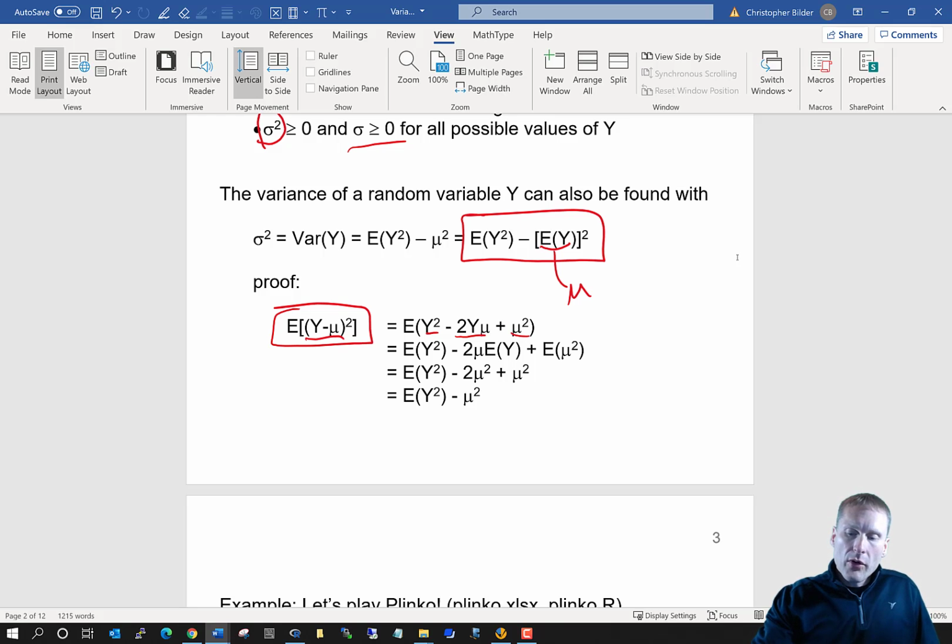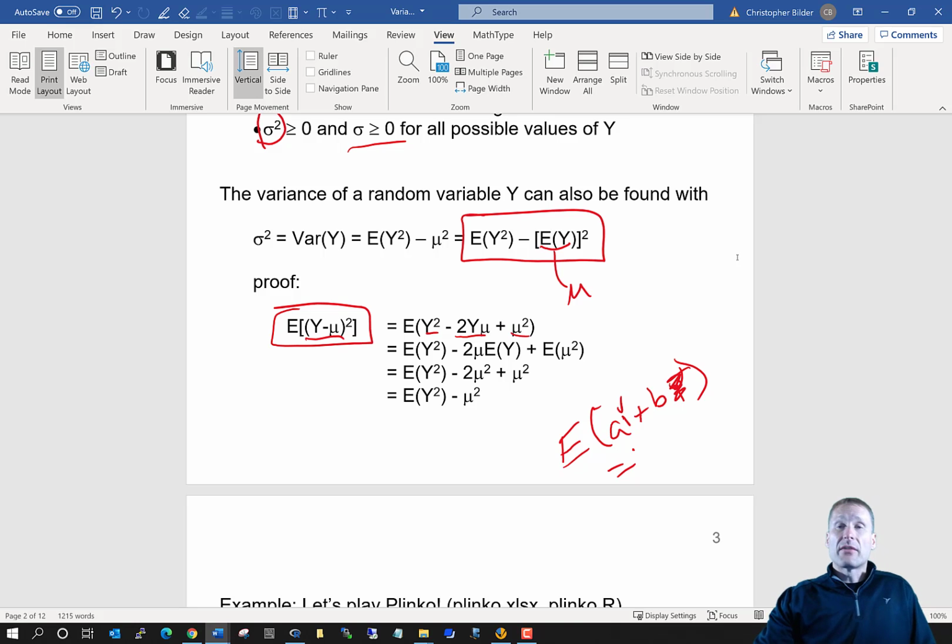Now, in a previous subsection, we learned this: if I have constants a and b and the random variable y, the expected value of a times y plus b is equivalent to a times the expected value of y plus b.